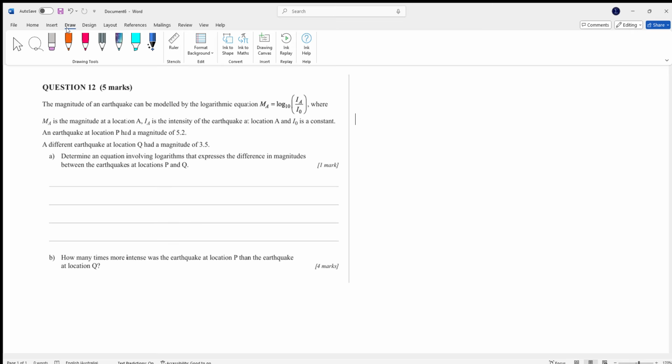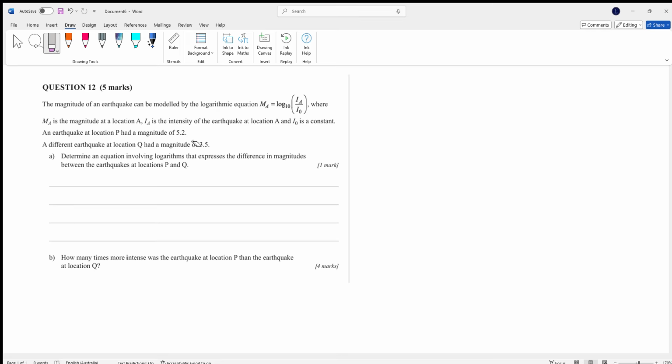A. Determine the equation involving logarithms that expresses the differences in the magnitudes between the earthquakes at location P and location Q. Okay, so this formula and this information here is just explaining what each term means. Realistically, this is an application of a log equation.